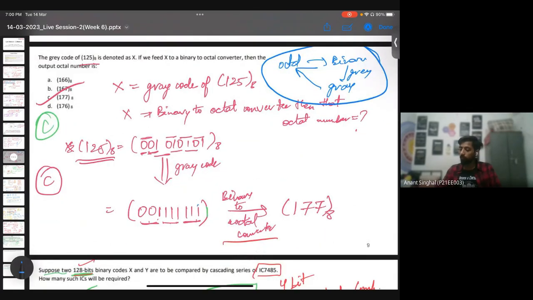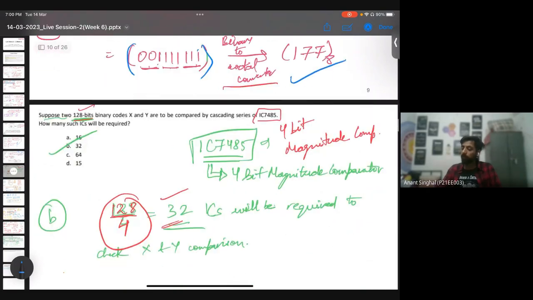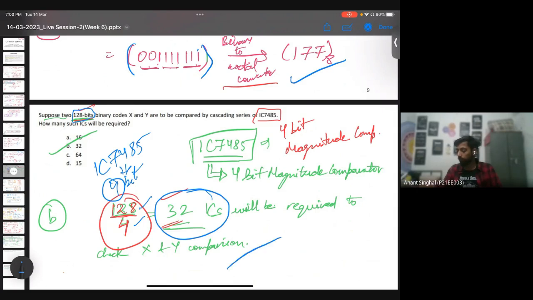We found that this is a gray code, and we converted it to binary again. Option C was the correct answer to this question. Then we learned about the IC 7485, which is a 4-bit magnitude comparator. For instance, to compare 128 bits, we divide 128 by 4, so 32 such ICs will be required to compare X and Y.